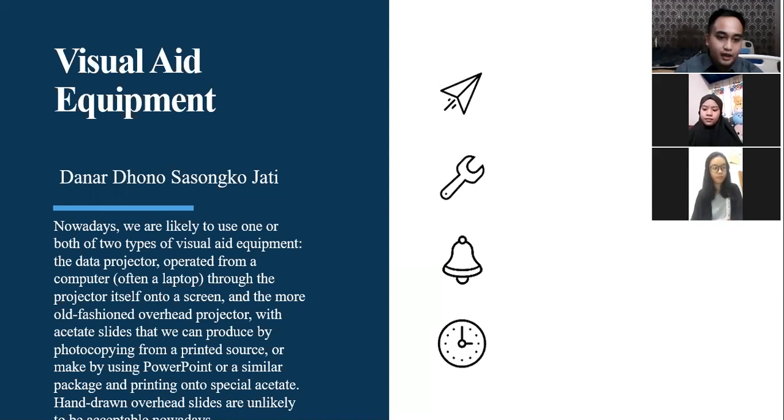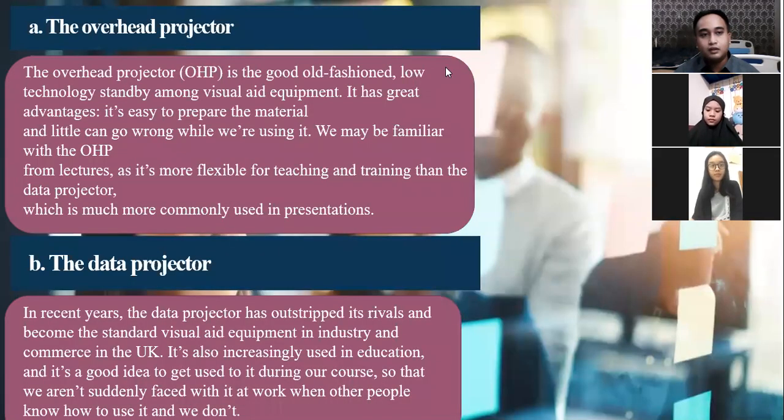Hand-drawn overhead slides are unlikely to be acceptable. And the next slide is, I'm going to talk about the overhead projector first. The overhead projector or OHP is the good old-fashioned low technology standby among visual aid equipment.